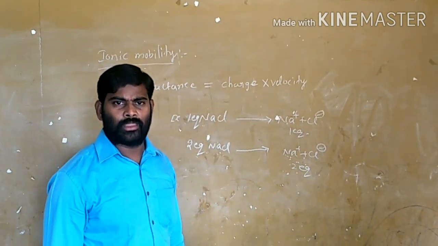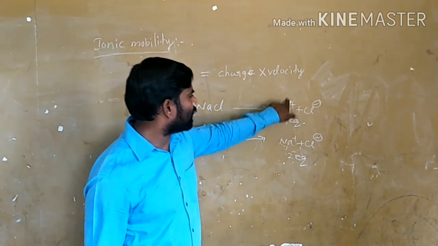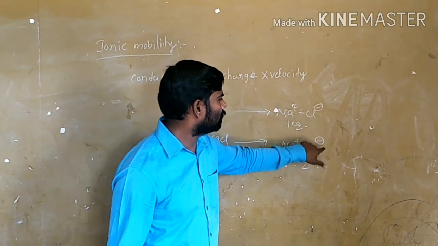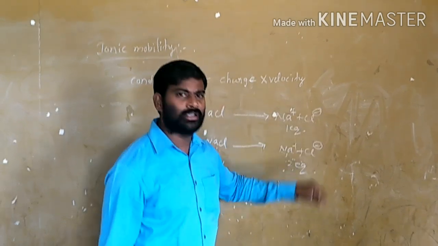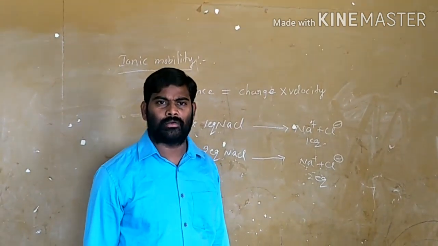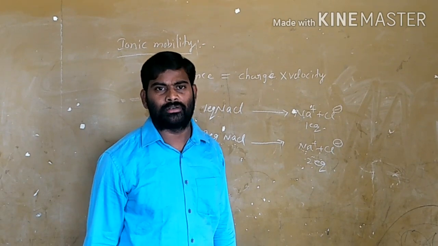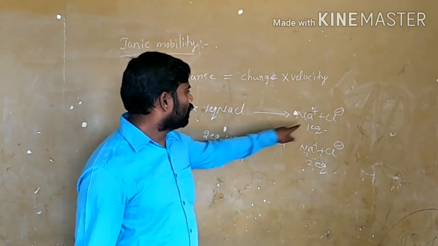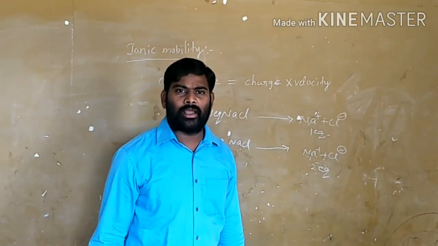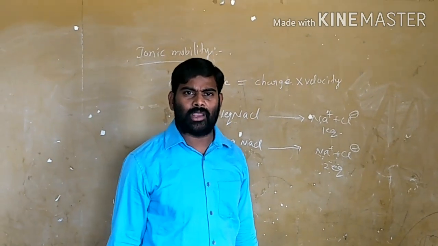But in both cases, what is the charge? The charge carried by the ions remains the same at infinite dilution. This means the total charge carried by all the ions at infinite dilution is the same.